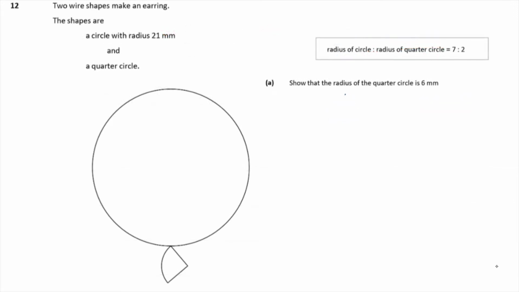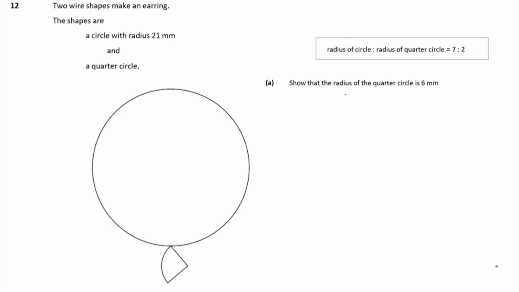Question 12. 2 wire shapes make an earring. The shapes are a circle with radius 21 millimeters and a quarter circle. Now the ratio of the radius of the circle to the radius of the quarter circle is 7 to 2. Show that the radius of the quarter circle is 6 millimeters. Okay, well the radius of the top one is 21, isn't it?